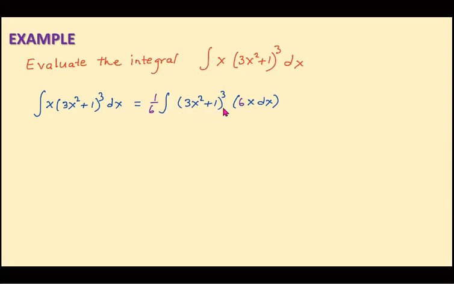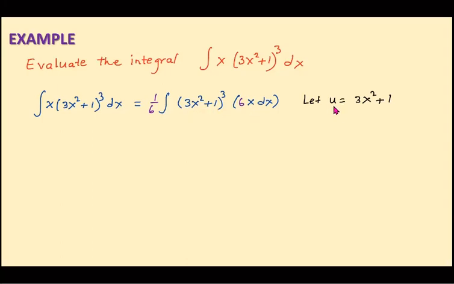So what we can do is, at the side, we can consider U equal to 3x squared plus 1. That is U. U is equal to the inside of the composite function. So that is the technique in U substitution.